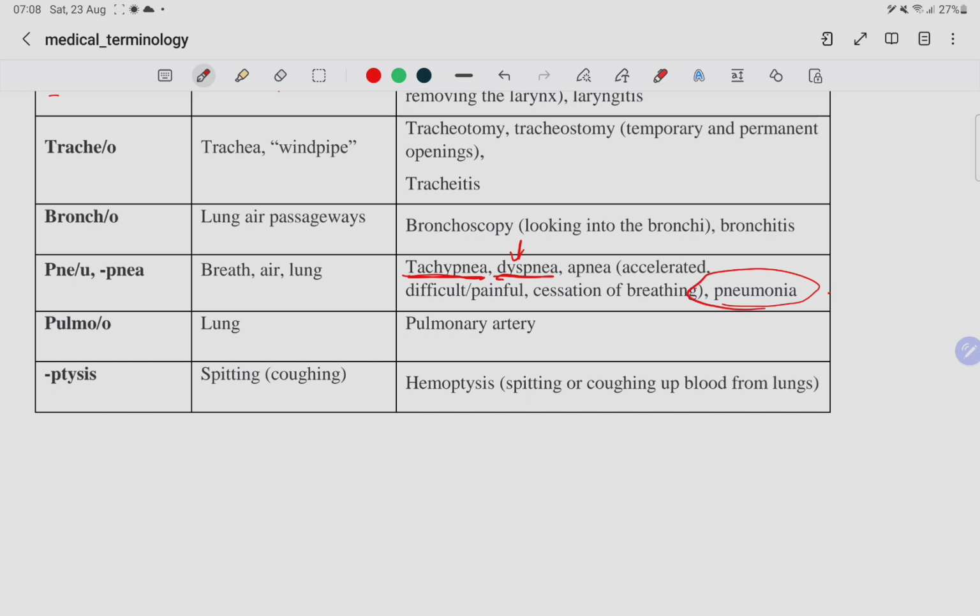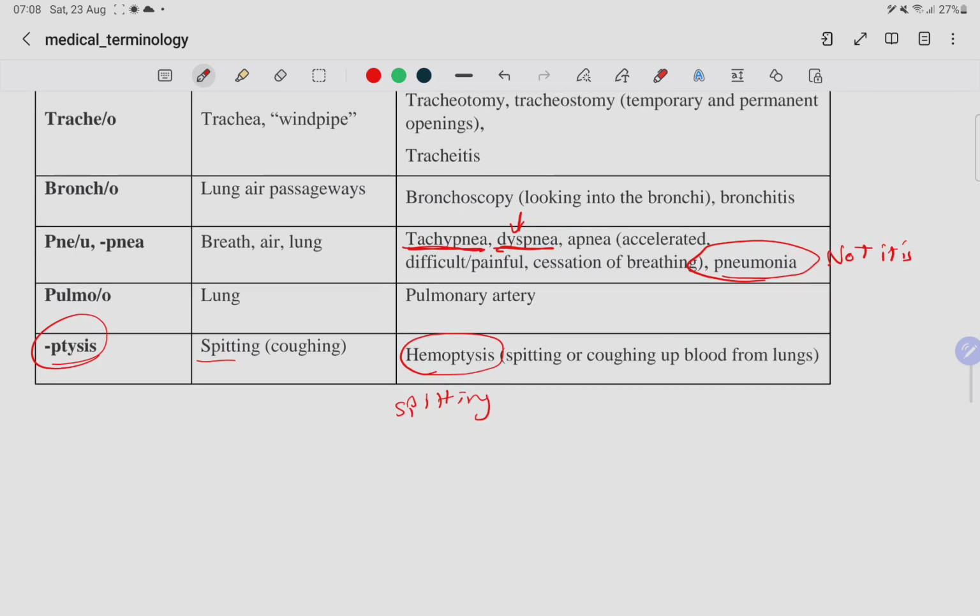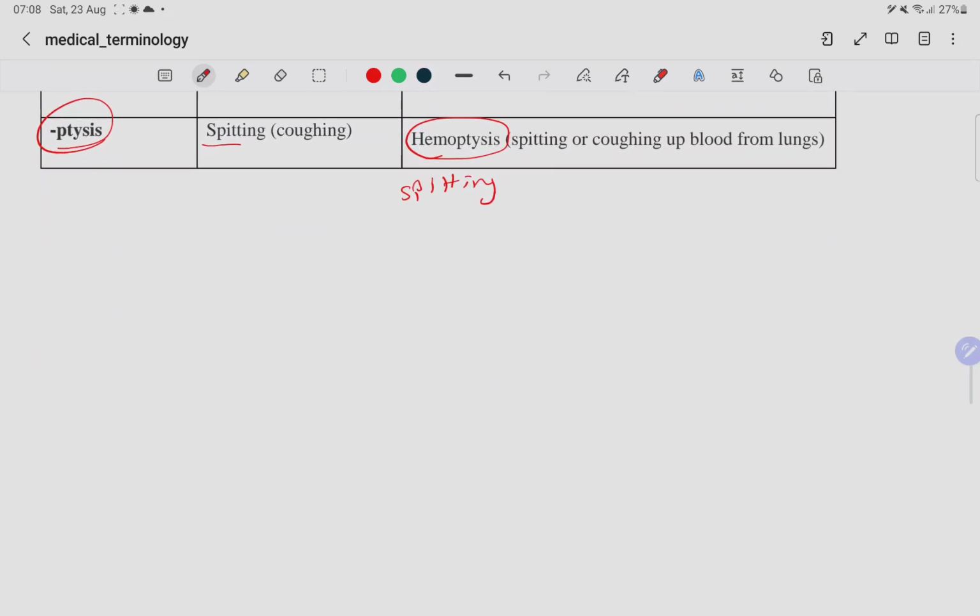It is not endoitis, it is called pneumonia. Okay. Ptysis means spitting. So hemoptysis is spitting of blood, or, by the way, coughing of blood.